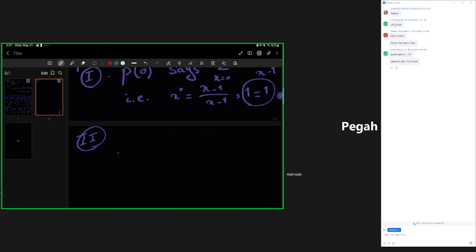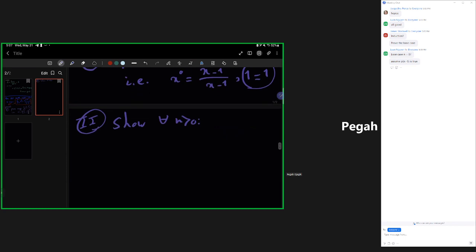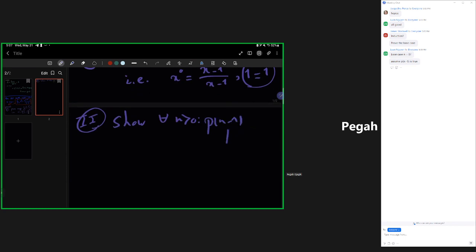We don't have P1, so we assume that Pn is true and then show Pn plus 1 is true, or assume Pn minus 1 is true and show that Pn is true. That's one of the ways. So let's do this one. We just suppose for any n greater than 0, because we showed 0 here, we don't need to show 0 anymore. We assume Pn minus 1 and show that Pn is true.